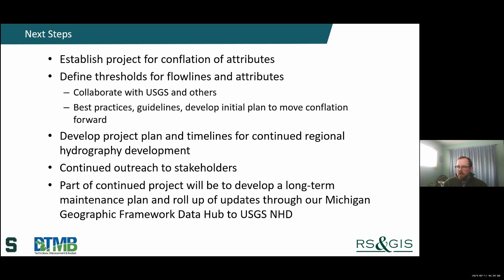Putting together a project plan and timeline for the regional hydrography development, continuing that outreach to stakeholders, getting more buy-in, more awareness, and helping people to share their data. And hopefully a long-term maintenance plan, and roll up updates through the Michigan Geographic Framework Data Hub, as well as to USGS NHD.